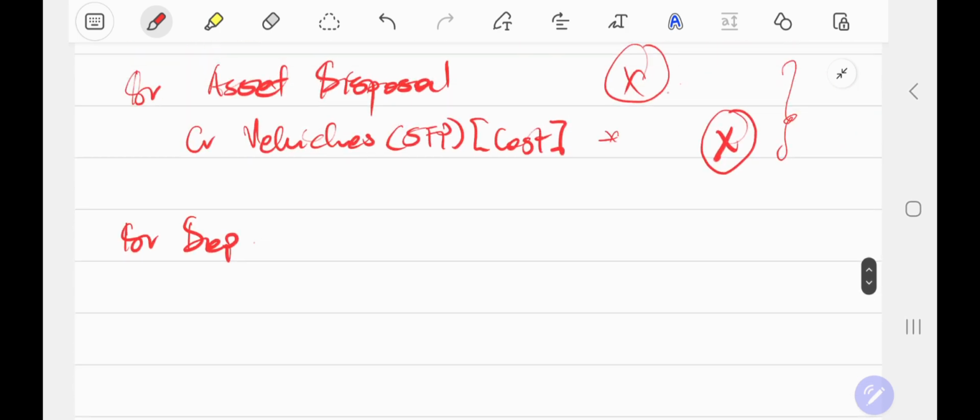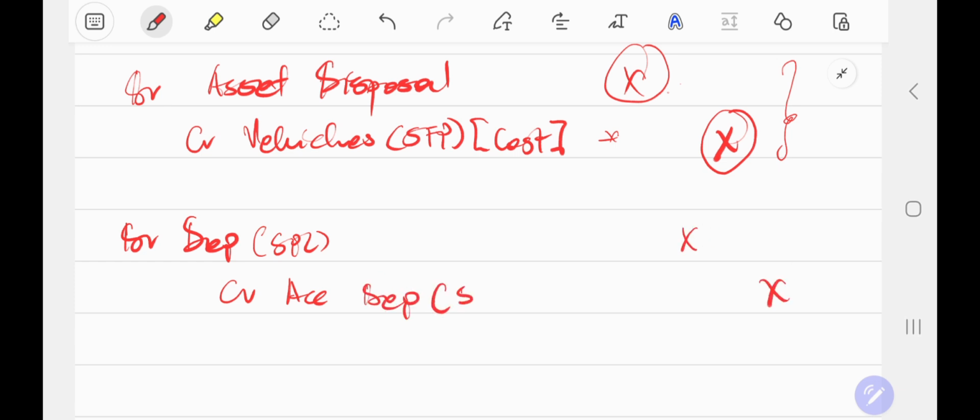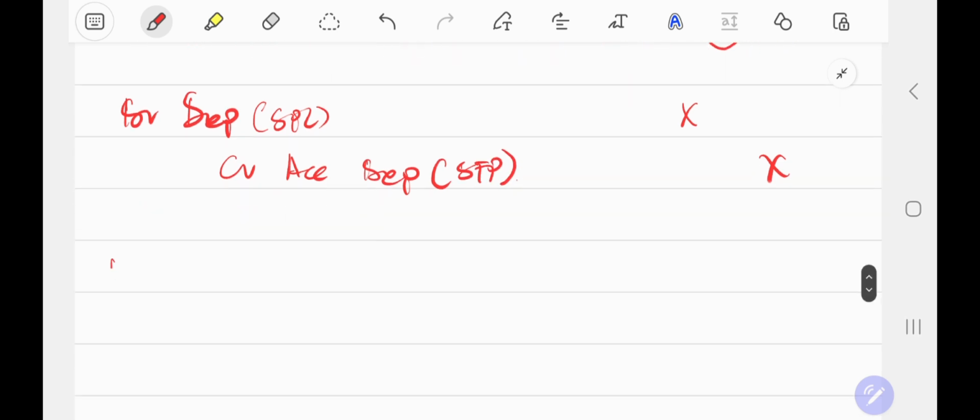So you are going to say debit depreciation, this is SPL, and then credit accumulated depreciation, right? Then you record your amounts here. So this is SFP. And then you cancel out the accumulated depreciation of this asset that you are selling.